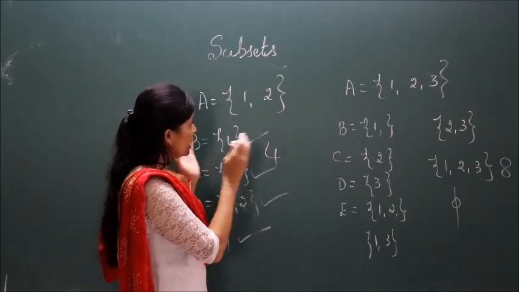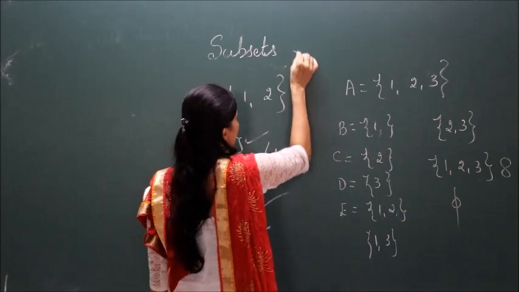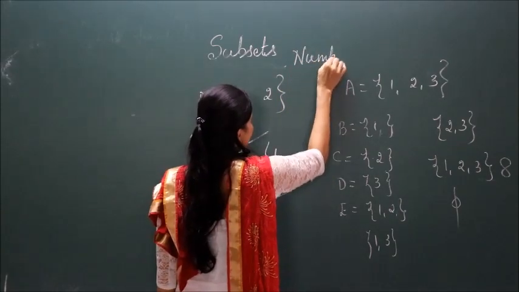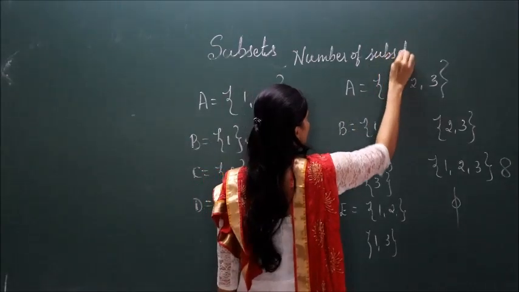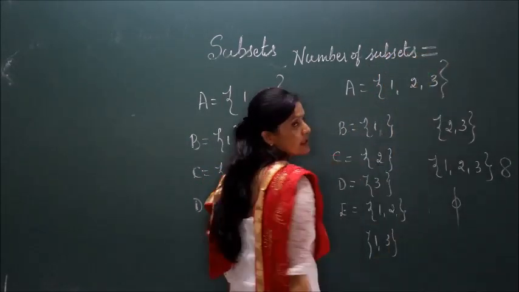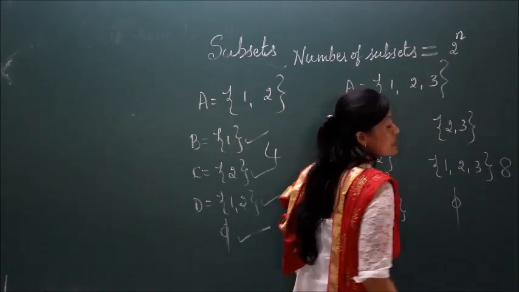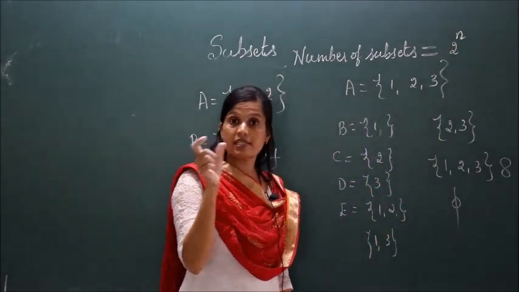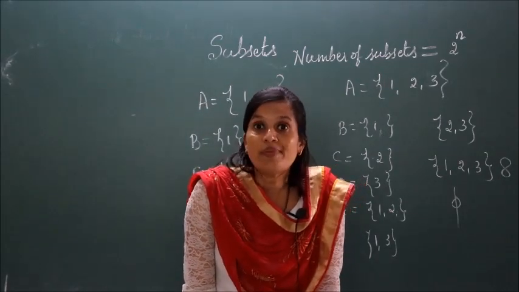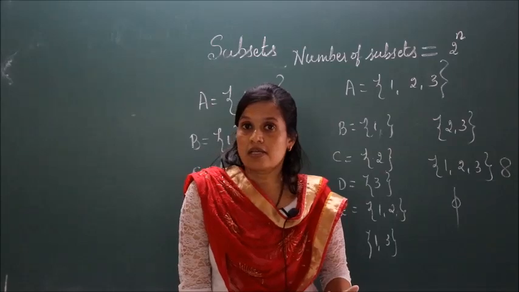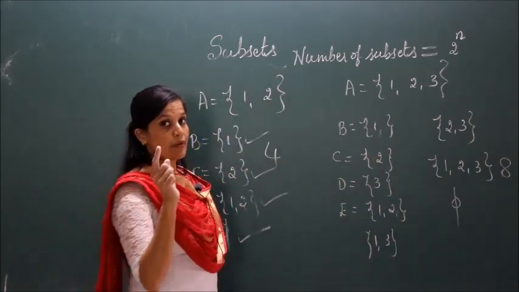See, from looking into this, the number of subsets for a given set is equal to 2 to the power n. This is the formula. If a set is given, how do we find out how many subsets the given set has? It is given by the formula 2 to the power n.